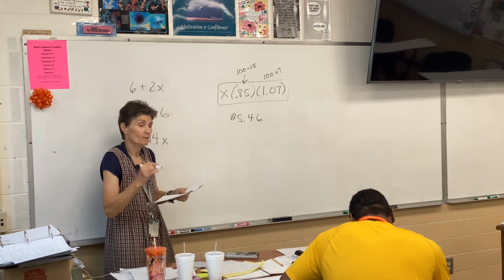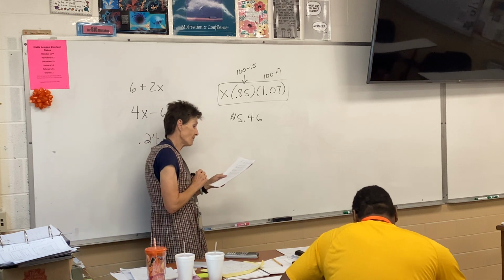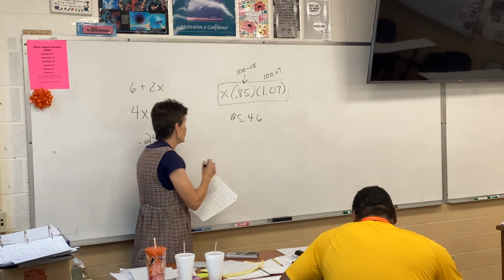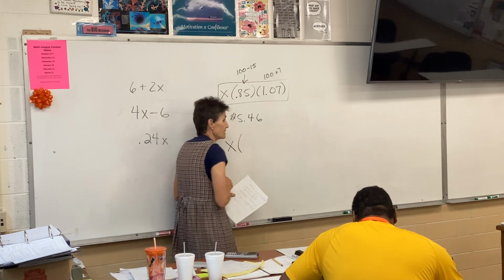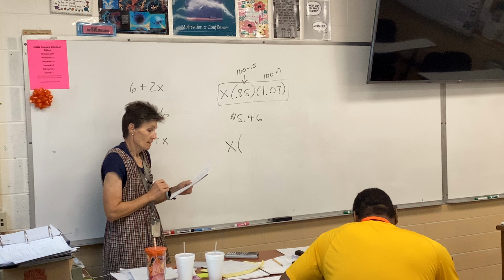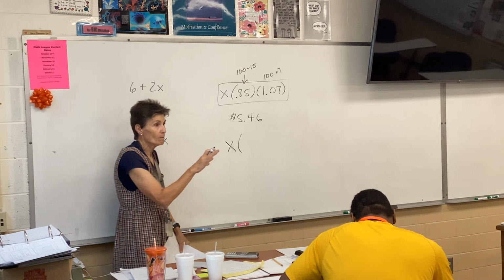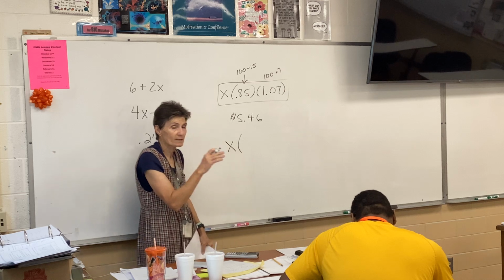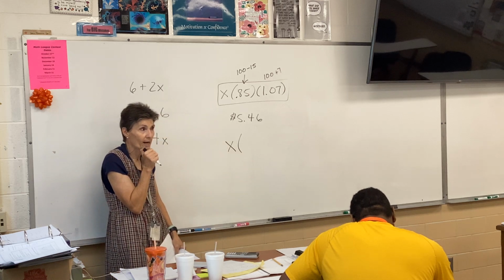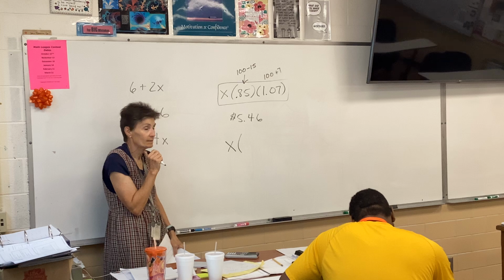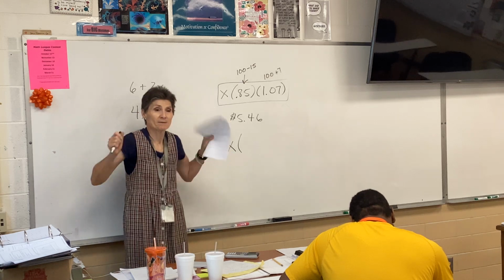Go down to H. The final cost of an item, the original price is x. There's a 20% discount. So what am I going to multiply by? If there's a 20% discount, I'm going to multiply by 80%, not 0.20. Stop, stop, stop.